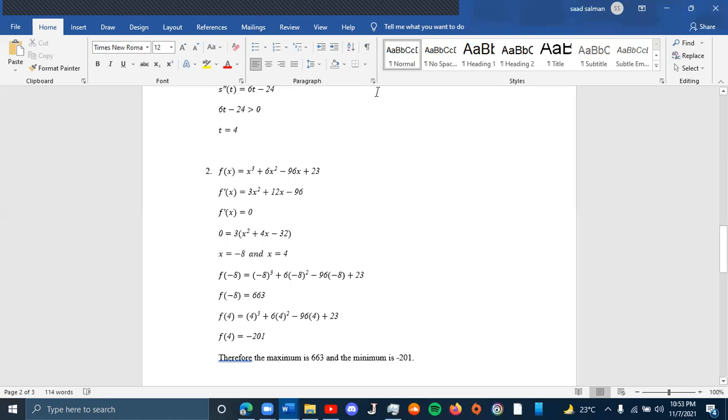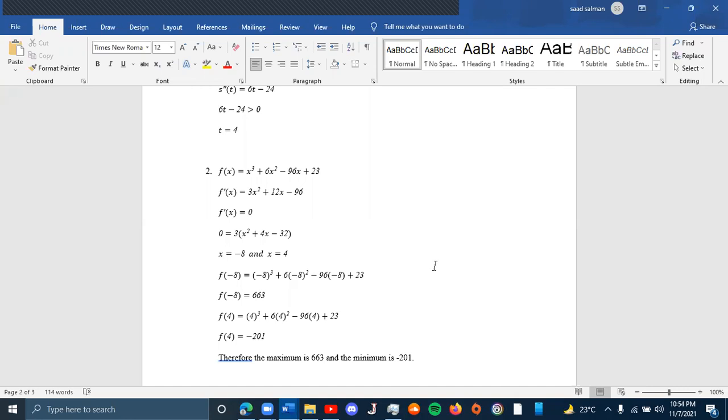Furthermore, we'll substitute minus 8 into the equation, which will give us f(minus 8) = minus 8 cubed plus 6 multiplied by minus 8 squared minus 96 multiplied by minus 8 plus 23. So f(negative 8) = 663.